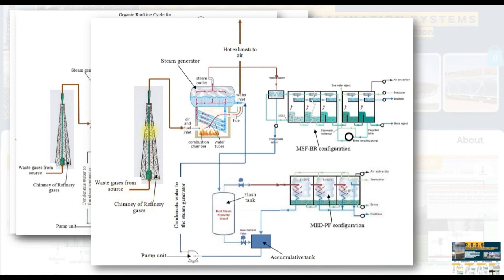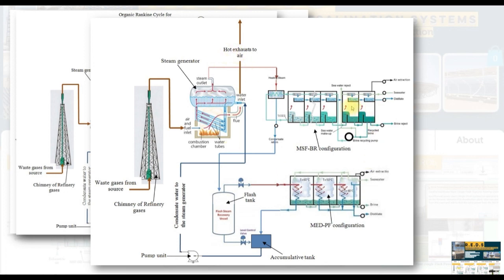It's just waste gases for the steam generator, and the steam generator is for MSF, and the condensed steam from the brine heater is going to produce sufficient energy for the flash evaporation tank to help MED to be powered and complete its process. The condensed steam from the MED process is going to be accumulated in the accumulative tank and repumped again to the steam generator to complete the process.